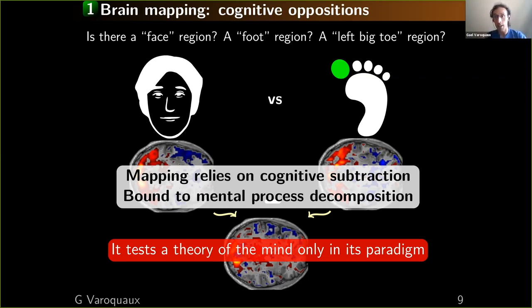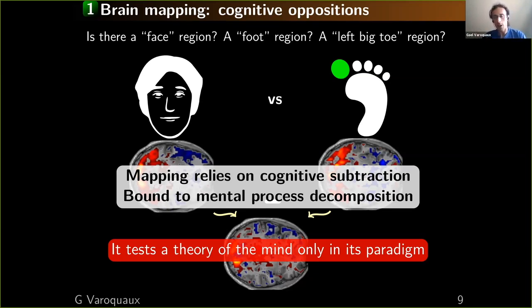And this by itself is bound to decomposing mental processes. So this by itself is bound to a model of the mental processes that are happening in the conditions. So it only tests a given theory of the mind only inside its paradigm. If I believe in the whole paradigm that encompasses decomposing the stimuli a certain way, then I believe that the mapping that I get is relevant.